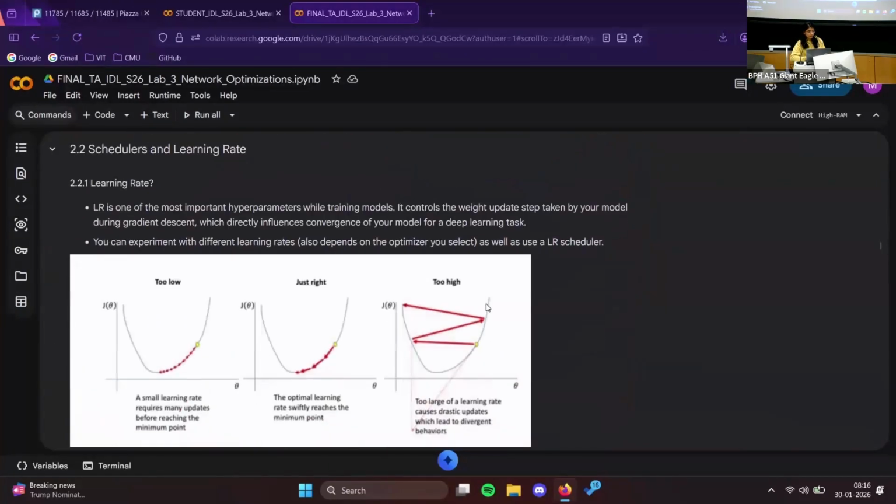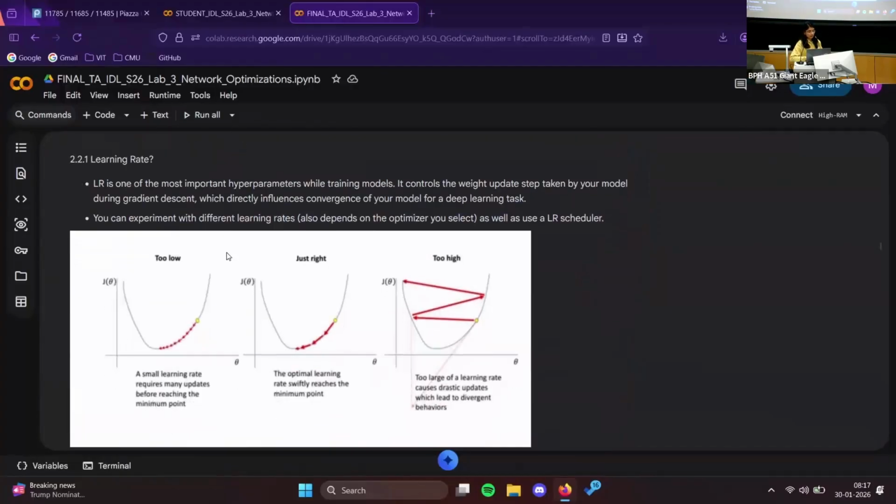Having that in mind, we'll first talk about learning rate and schedulers. So what is learning rate? It is one of the most important hyperparameters when we train models. It controls the weight update step taken by your model during gradient descent. So it directly influences the convergence of your model for a deep learning task.